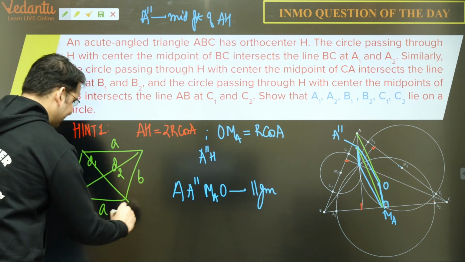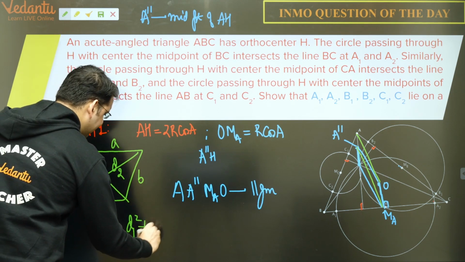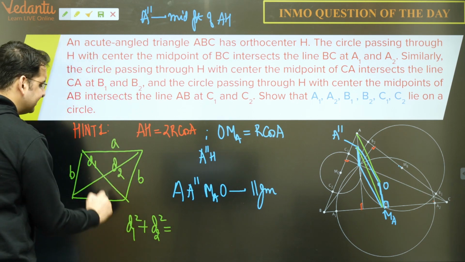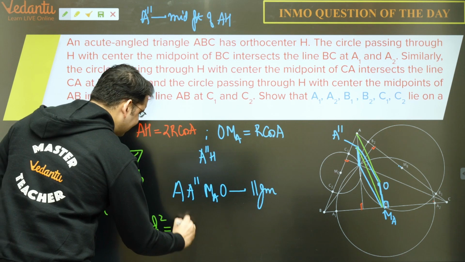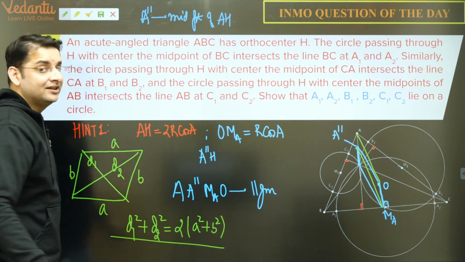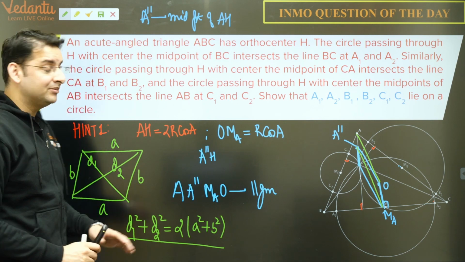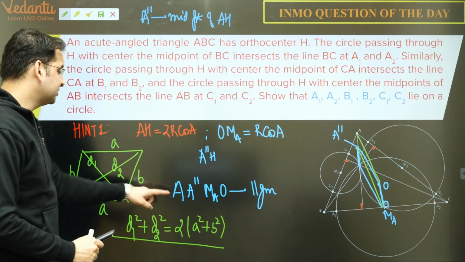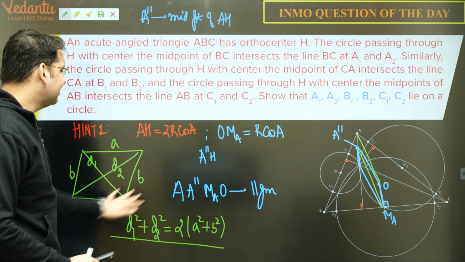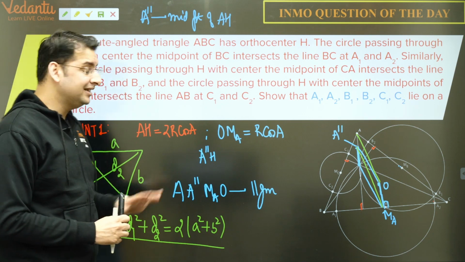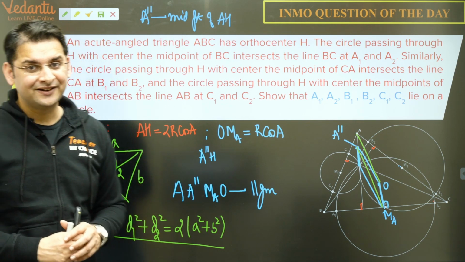So can I say D1 square plus D2 square is equal to A square plus A square plus B square plus B square, so 2 times A square plus B square. This is one result which you should know. In a parallelogram, the sum of the squares of the diagonals is twice the sum of the squares of the adjacent sides, or the sum of the squares of all the sides. So this is one thing that you can use.